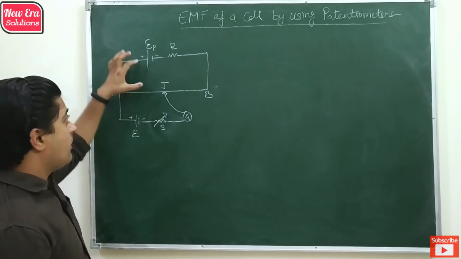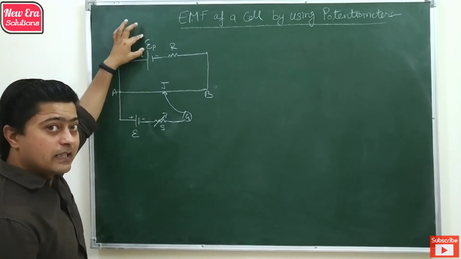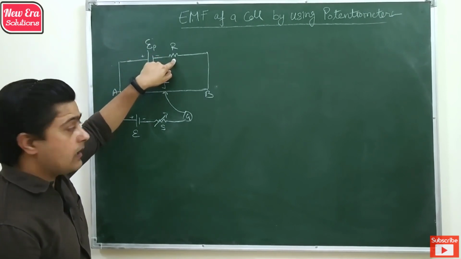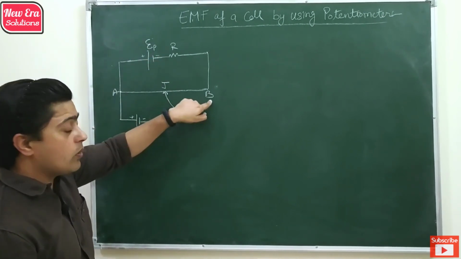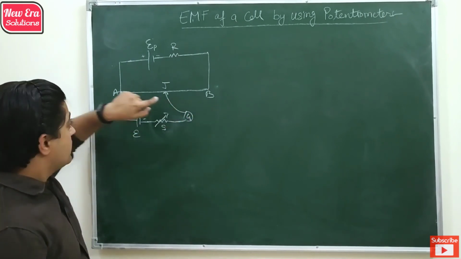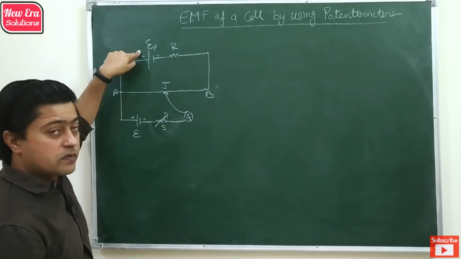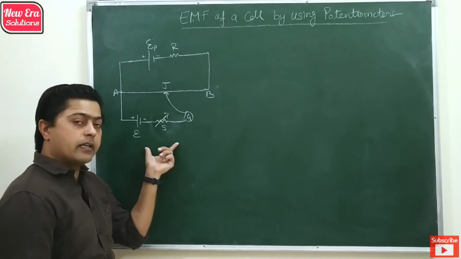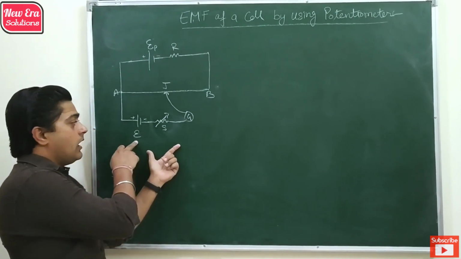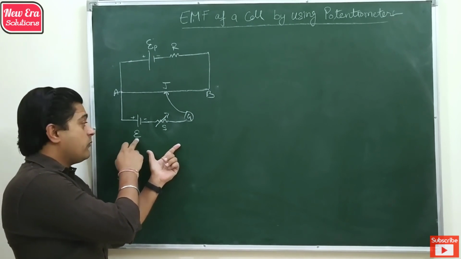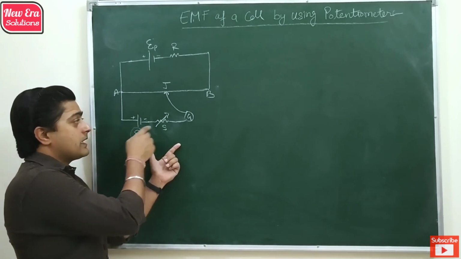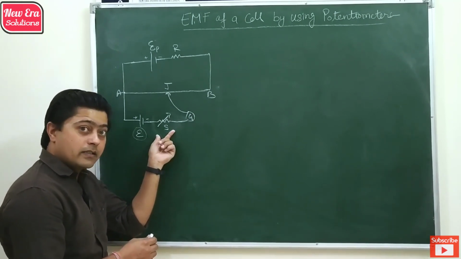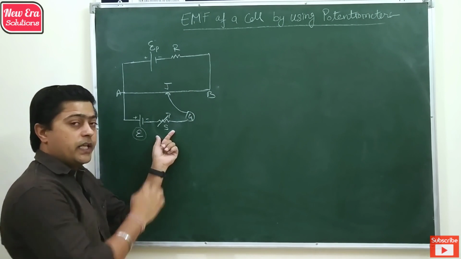So we have a primary circuit with a primary cell of EMF EP with external resistance R. Then we have a long wire AB in which terminal A is connected with the positive terminal of the primary cell or battery. Then we have the secondary circuit in which the unknown cell whose EMF we are going to measure is connected with the galvanometer through a high resistance which we obtain from a variable source.